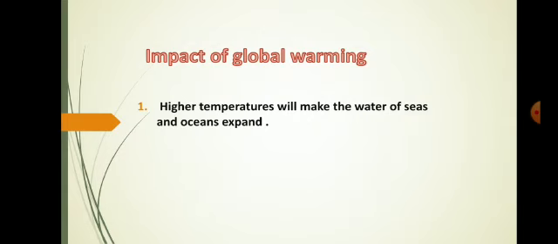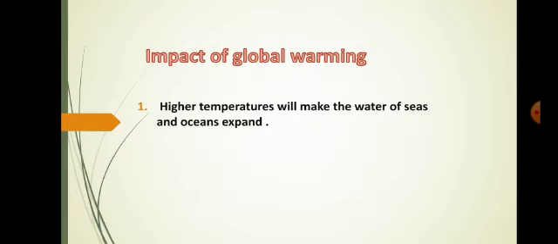Like the higher temperature will make the water of the seas and oceans expand. You can see ice melting in the Antarctic and Greenland. So this melting of the ice, what will happen?